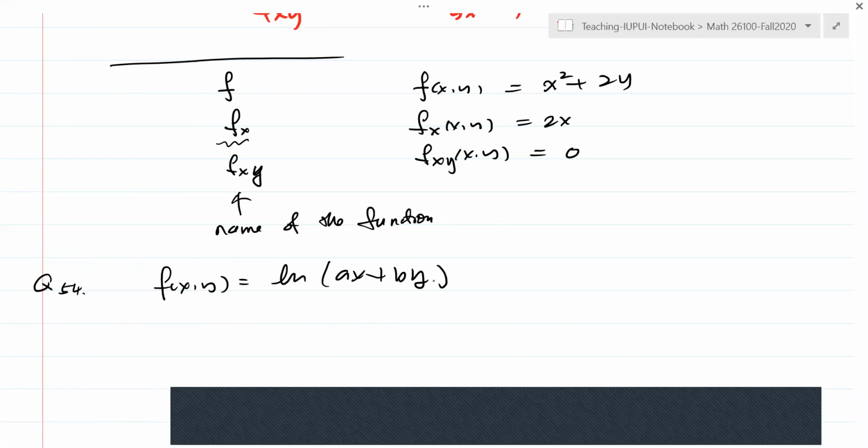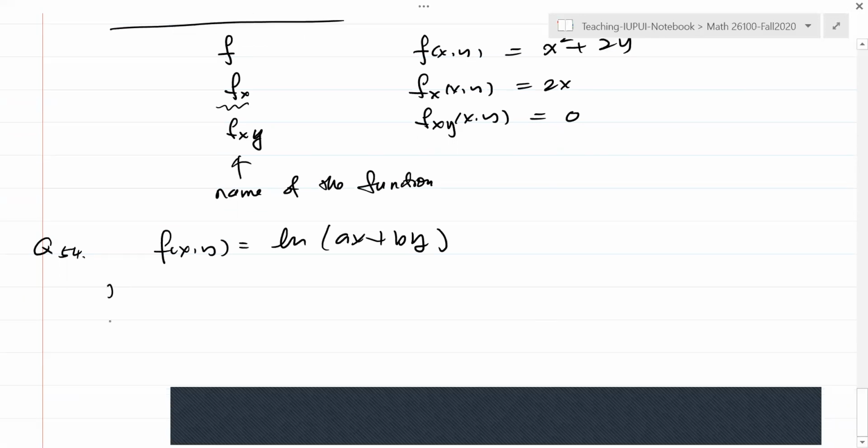I want to find the first order partial derivatives and the second order partial derivatives. So this is a derivative with respect to x and y.